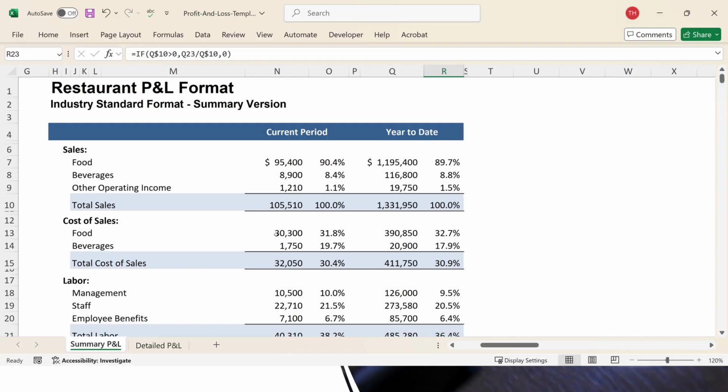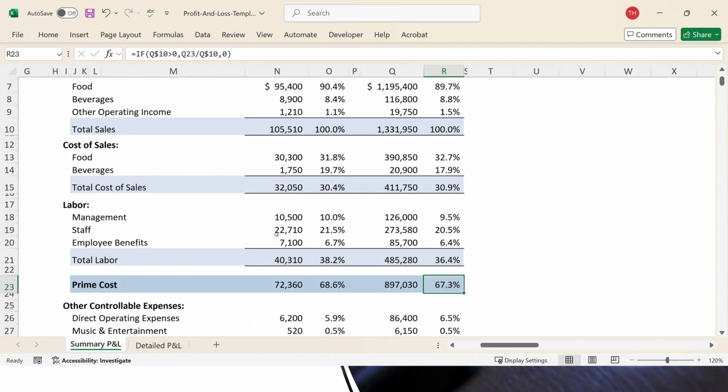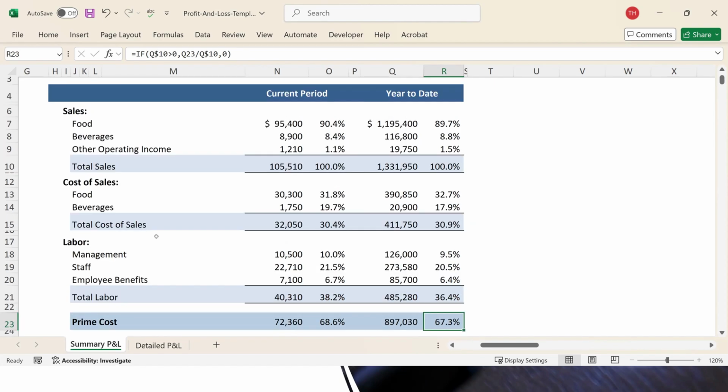But what I've done here, or what the industry does here, is really take our labor out of indirect and put it up near cost of goods sold, so that we can get a handle on it. And the reason we do that is that we want to come down here to prime cost.